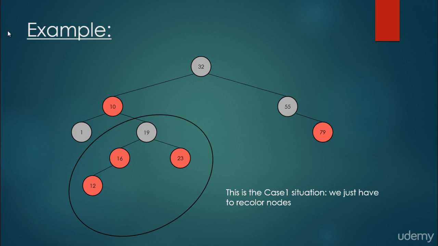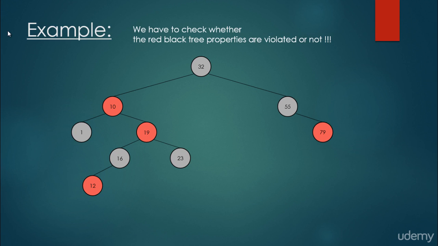We just have to recolor the nodes because the node X here is the node 12, and the uncle of 12 is red too, and the 12 is a left child, so we have to make some recoloring, and we made it. Okay, so we have to check again whether the red-black tree properties are violated or not.